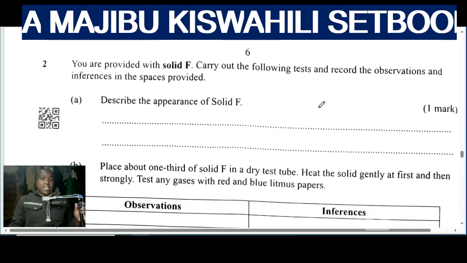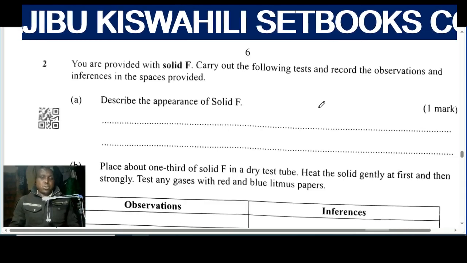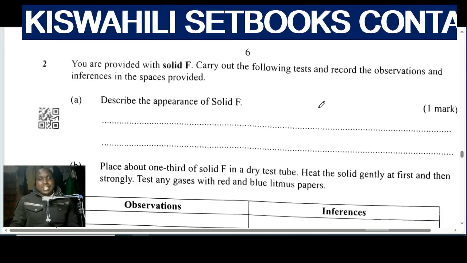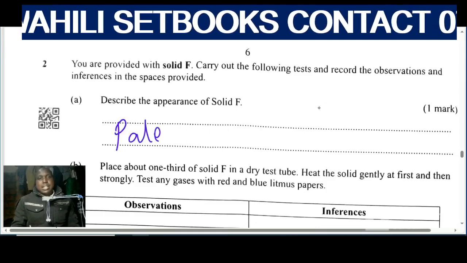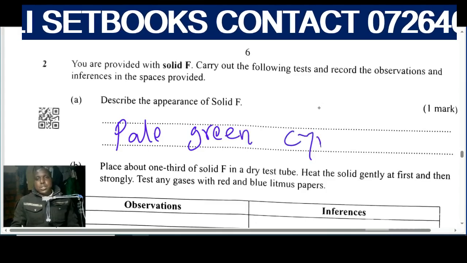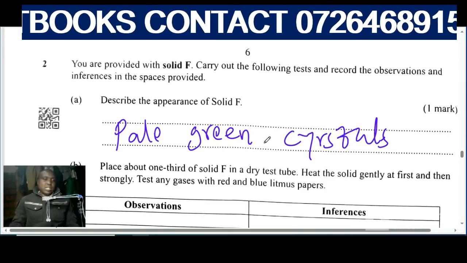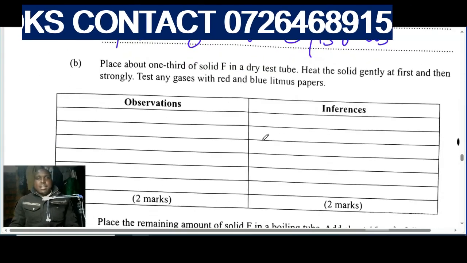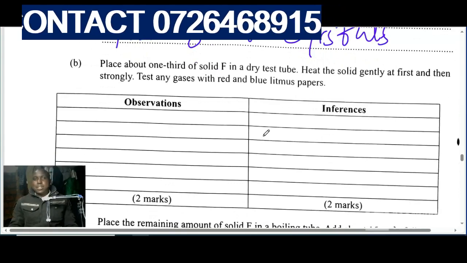Describe the appearance of solid F. That may not be the case this year. You may not be asked to describe. But this one, they were supposed to look at the solid, and when they were looking at that solid, it was pale green. So they were supposed to write this. It was pale green crystals. The crystals were pale green. So that is what they were supposed to write. And then this one, even this year, you can find it.